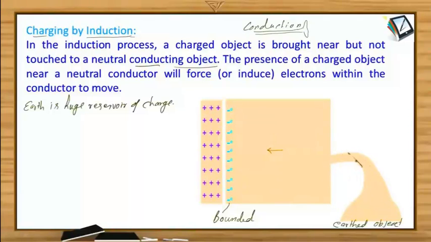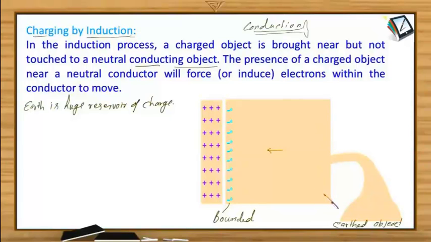When this object remains connected to this, then what will happen? Suppose you forget and just remove this object from here, then what will happen? These electrons will flow to the earth and again it will get neutralized, because effectively these electrons are those which are transferred from the earth in an indirect way. The electrons from here have gone to this location and further electrons are moved from the earthed object to neutralize that.